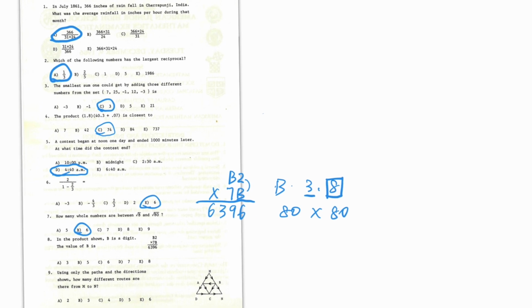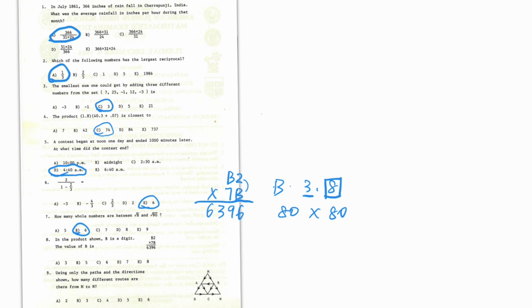So B must be 8. So 82 times 78, roughly 80 times 80, is around 6,400. So it is exactly 6396. So B must be 8. The answer is E.